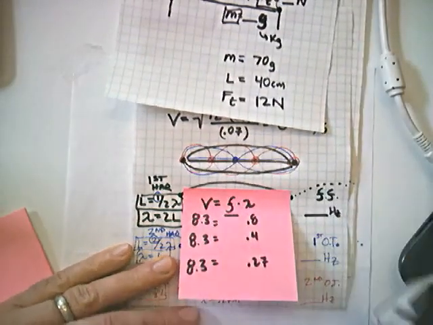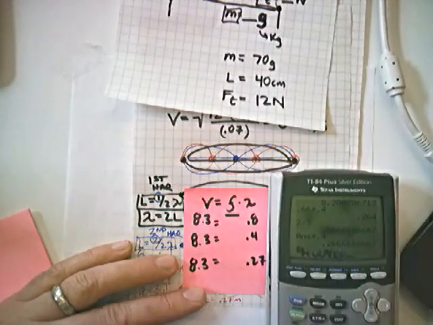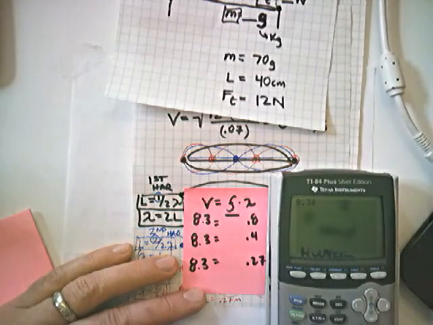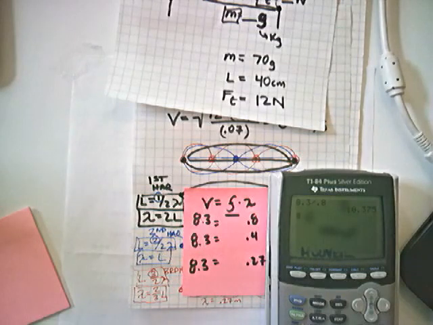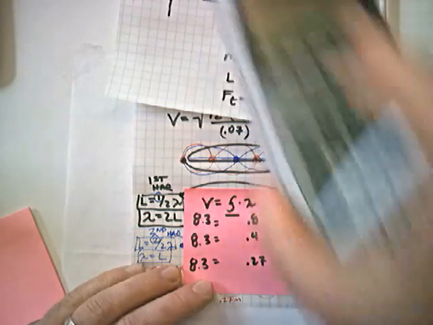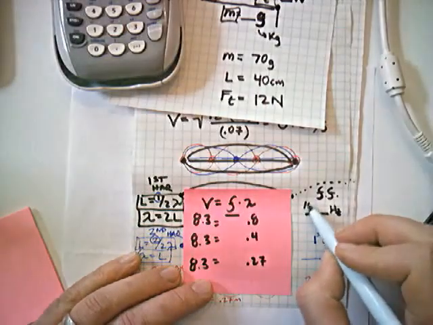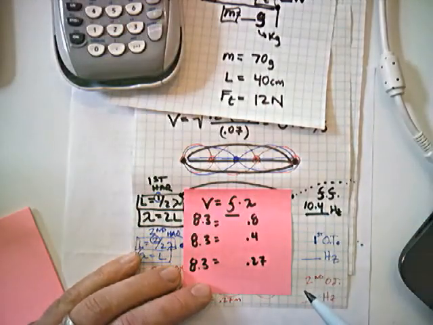Remember, each frequency has its own unique name. So I'm going to take my speed, 8.3, I'm going to divide by 0.8, and that's going to end up giving me my frequency. So the first frequency I get is 10.4. So the first harmonic's frequency is 10.4 hertz.